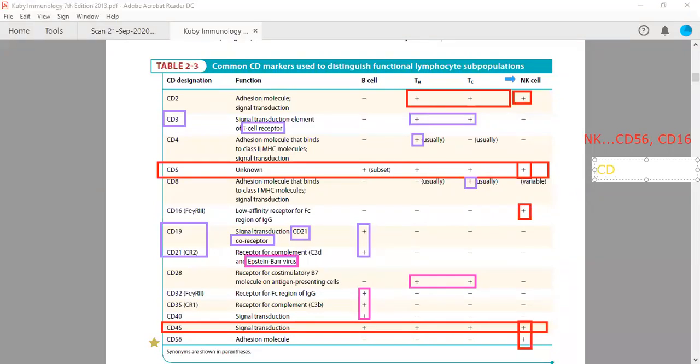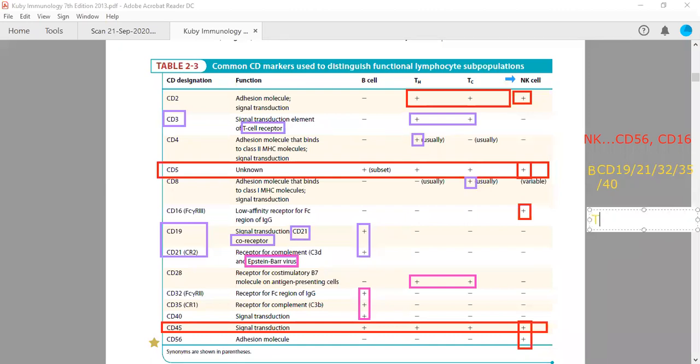So first of all, we discussed CD19, 21, 32, 35, and 40. These are present in the B cells. So you can also write B cell here.